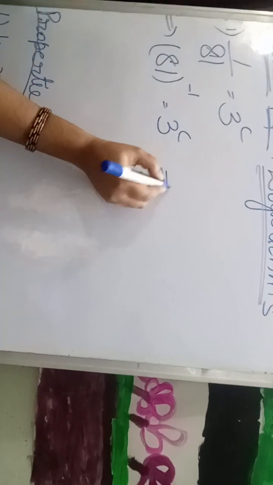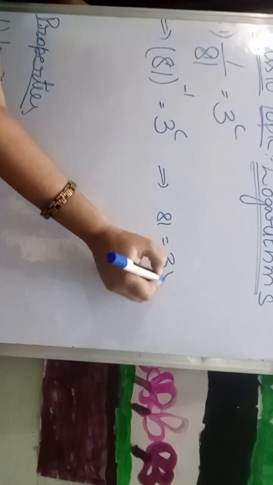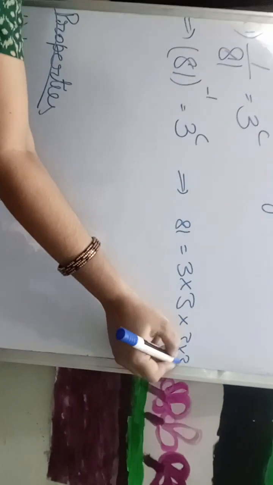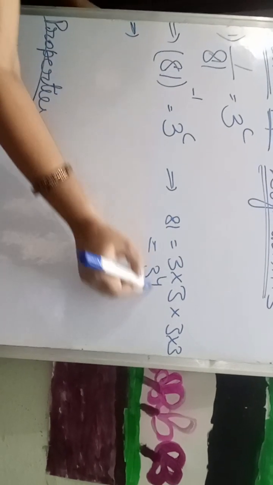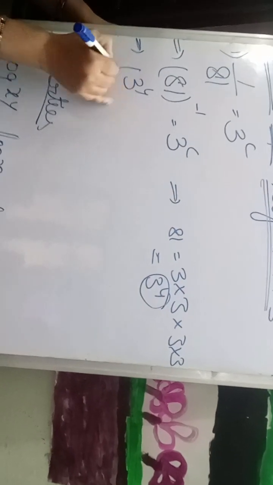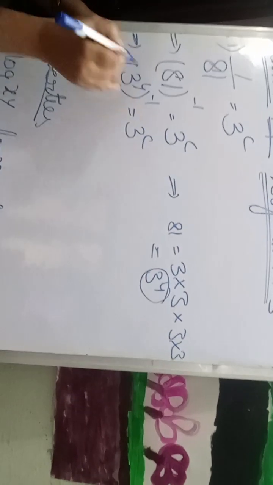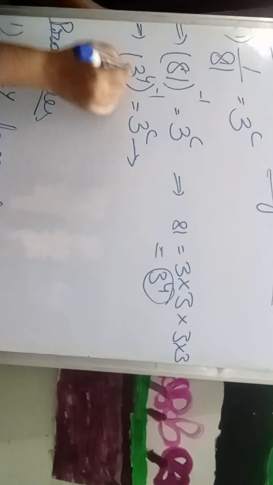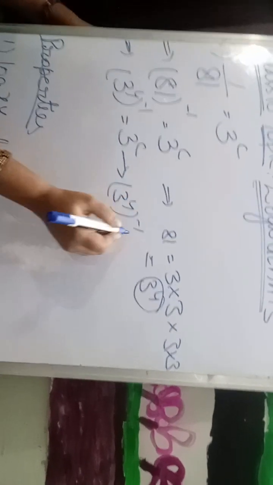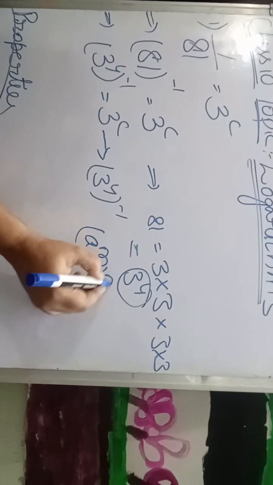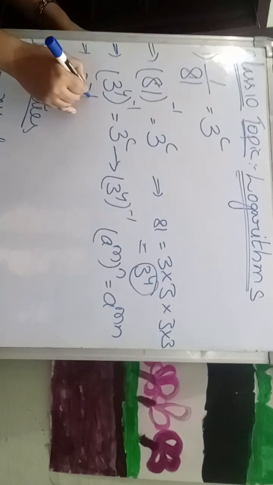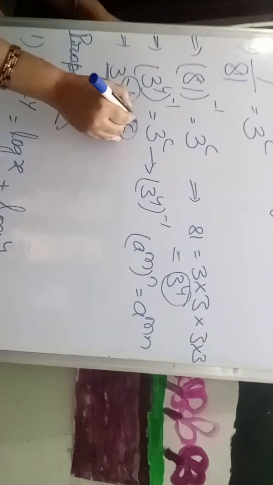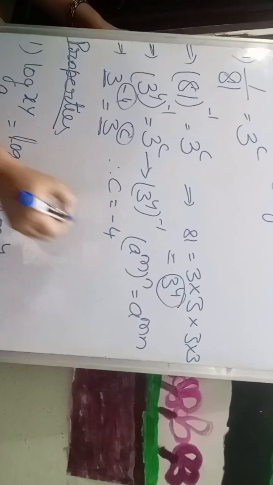What is 81? 81 is 3 into 3 into 3 into 3, that is 3 power 4. So in the place of 81 we write 3 power 4 whole power minus 1 equals 3 power c. This is in the form a power m whole power n equals a power mn. That implies 3 power minus 4 equals 3 power c. Here two bases are equal, so you can equate the powers. Therefore, c equals minus 4.